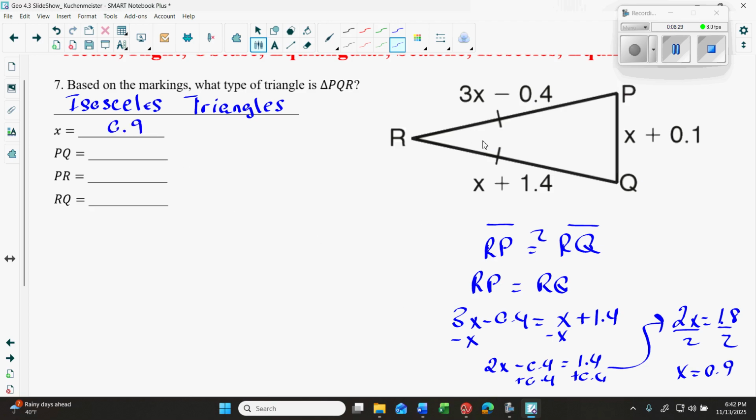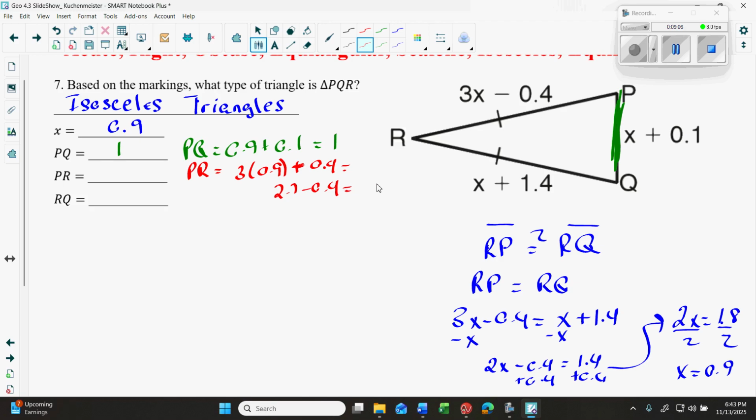Now we can plug in here, okay? So we want to do side PQ, which is the bottom side here. Segment PQ equals 0.9 plus 0.1, which is 1. And then for the other two, side PR is the 3x. So PR equals 3 times 0.9 minus 0.4, which is going to equal 2.7 minus 0.4, which is 2.3.